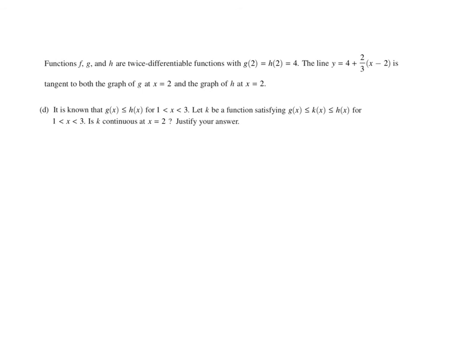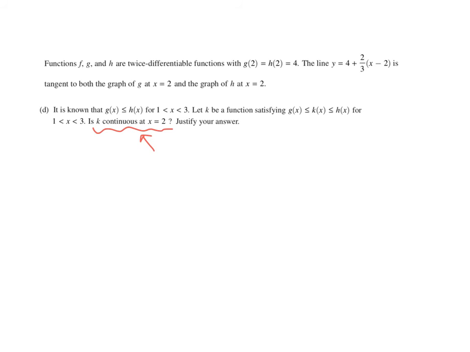So they tell us that there is a function k that's between g and h, and they're asking you if k is continuous at x equals 2, and also to justify your answer. So whenever you see something that asks you, is this thing continuous, I want you to remember the definition of continuity.